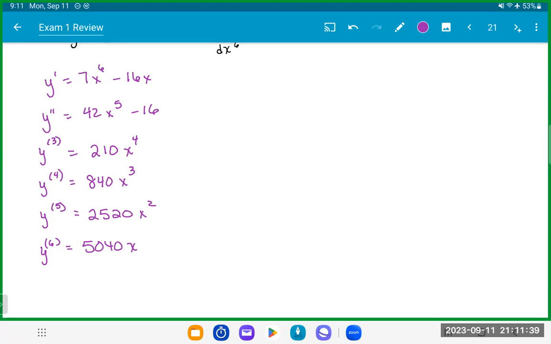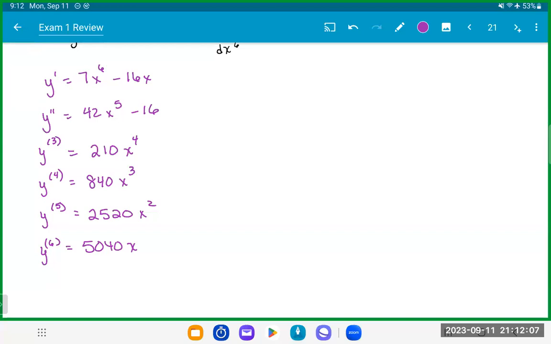Okay? Professor, how is it that you got from 42 all the way to 210? Yep. 42 times 5 is 210. So the derivative of this, 42 times 5 is 210, and then you just decrement.